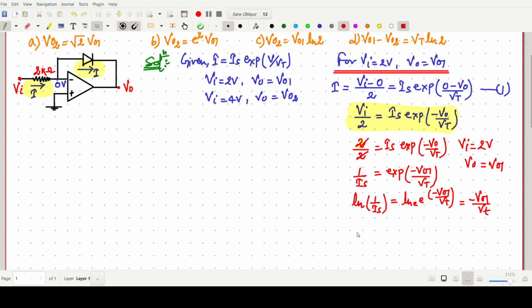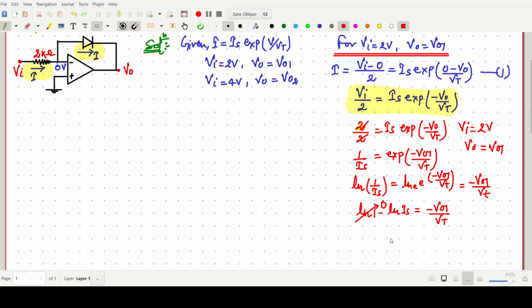So from this one we can also write this as ln 1 minus ln Is equals minus V naught 1 by Vt. So ln 1 value will be 0. So one can write V naught 1 equals to, this minus minus will also be cancelled, so Vt ln Is.